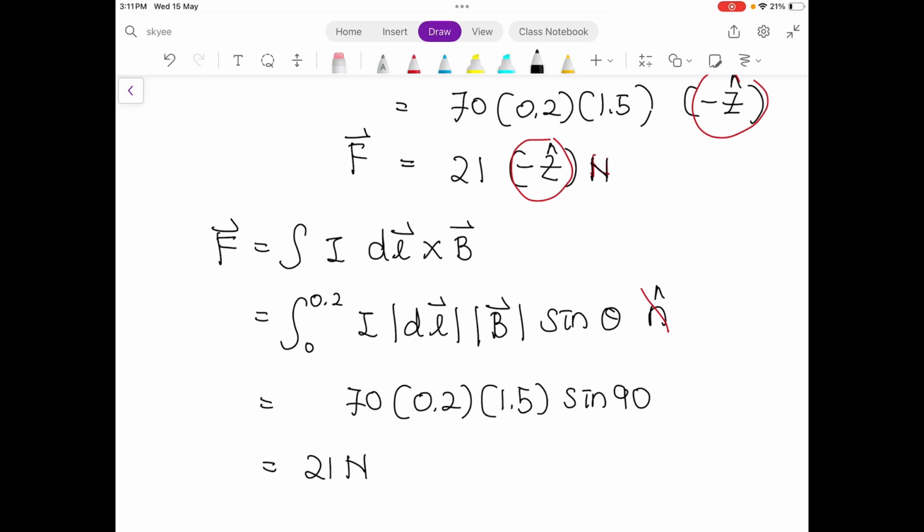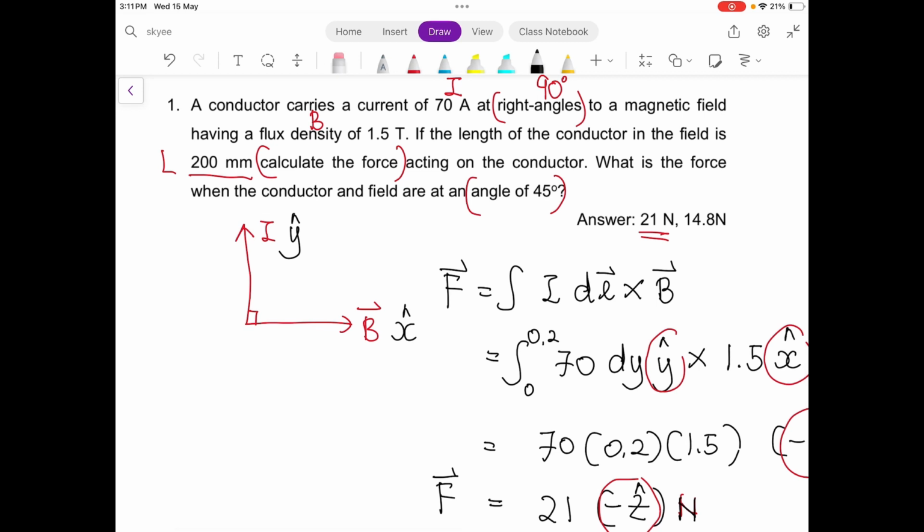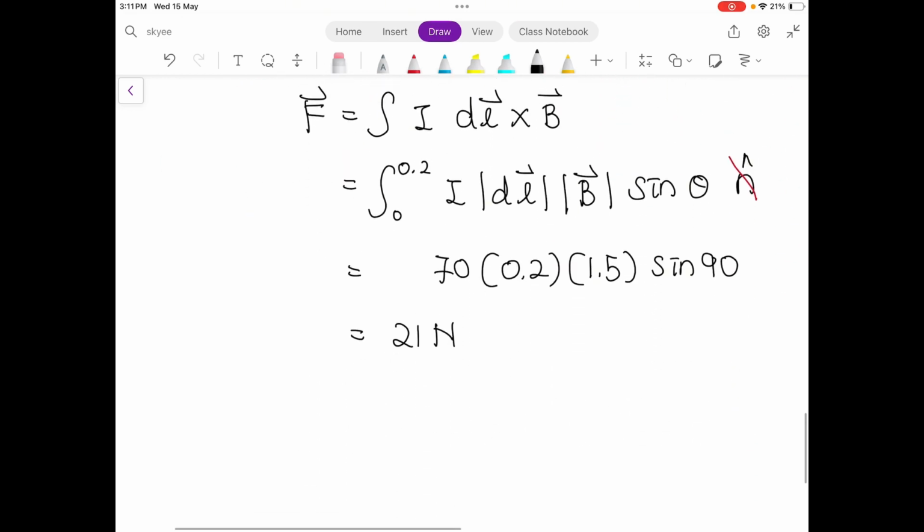So this is the first part of this question. Now the second part: they mention the angle between the I and the B becomes 45 degrees. So you can use back this formula.